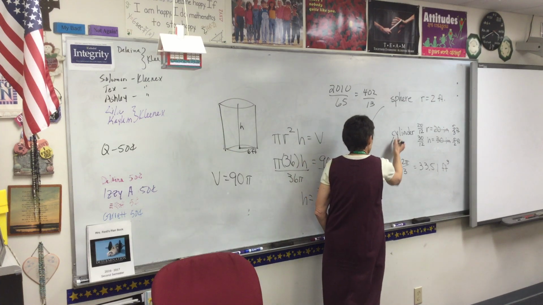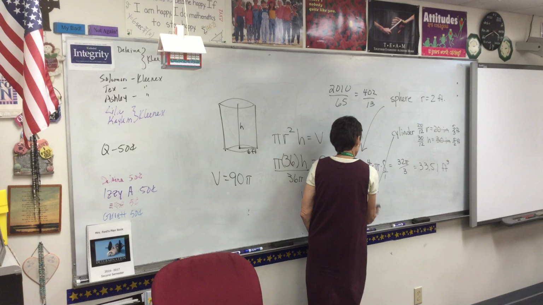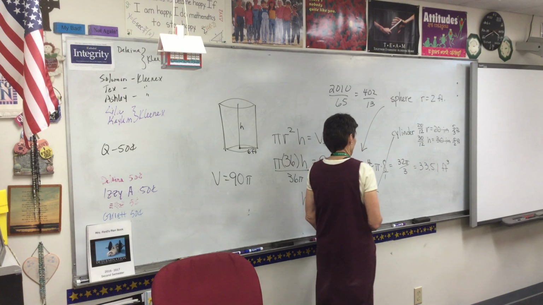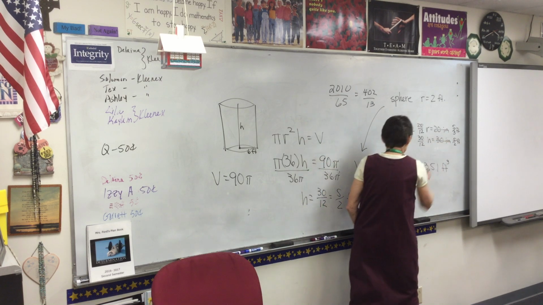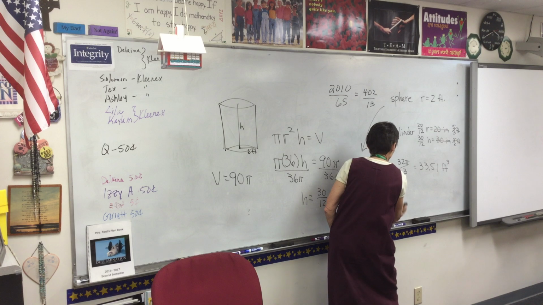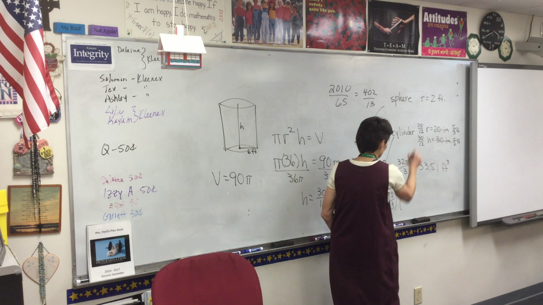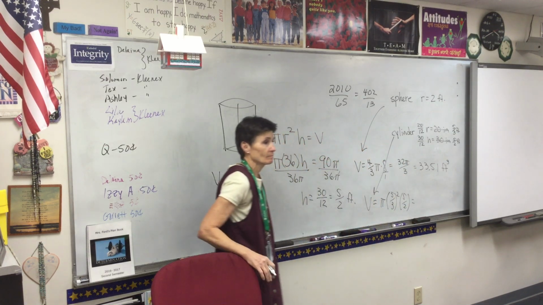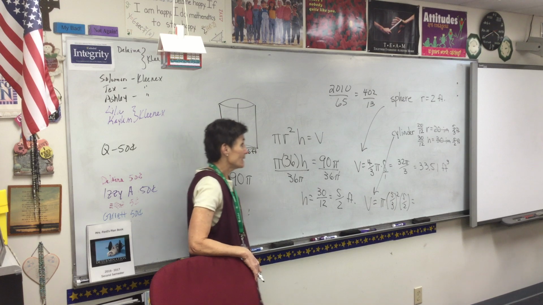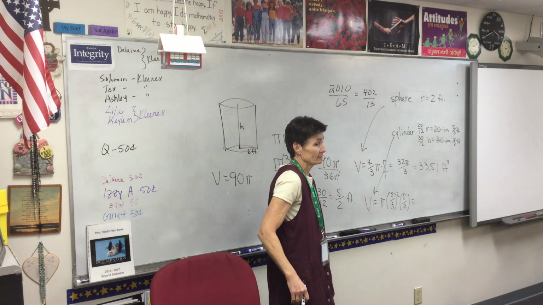So now I'm going to do the cylinder. What's the formula for the cylinder? Pi r squared times the height, and my r was 5/3 squared, times my height, which is 5/2. Remember, I can't use the 20 and the 30 because those are inches.